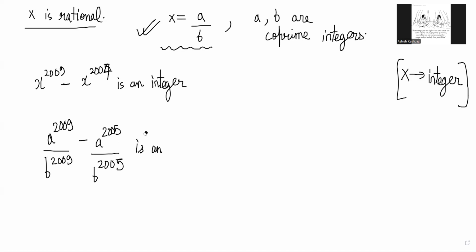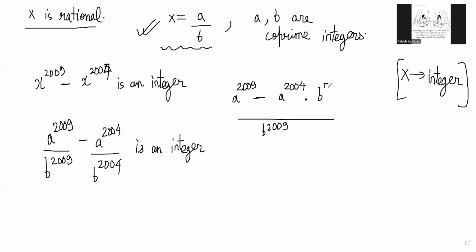So 2004 is an integer, we know. So here common denominator, if I take, I'll get a b power 2009. Here a power 2009 minus here a power 2004 and b power 5, right, is an integer, correct? Yes, sir.